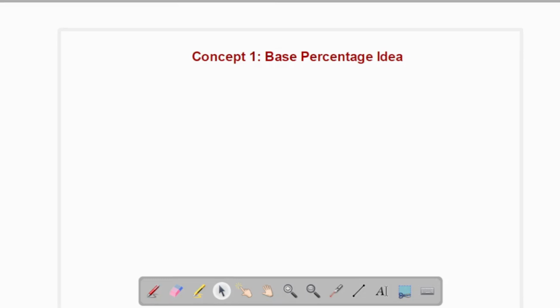Now everyone, you must understand what we mean by percent. Percent is a Latin word that comes from two different words: per and centum, which means per 100.